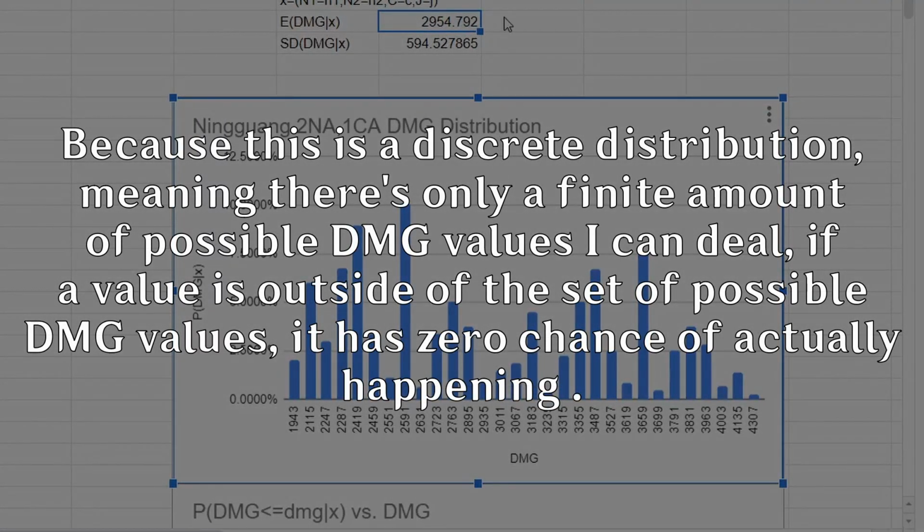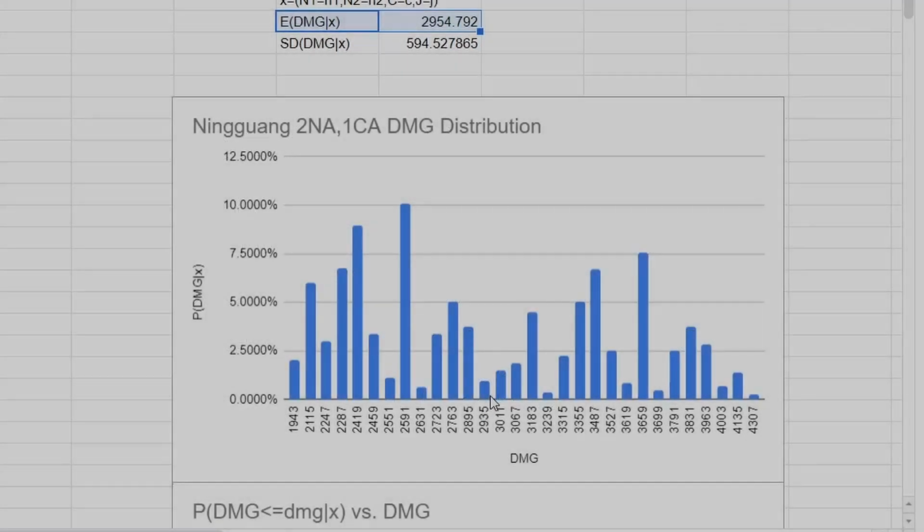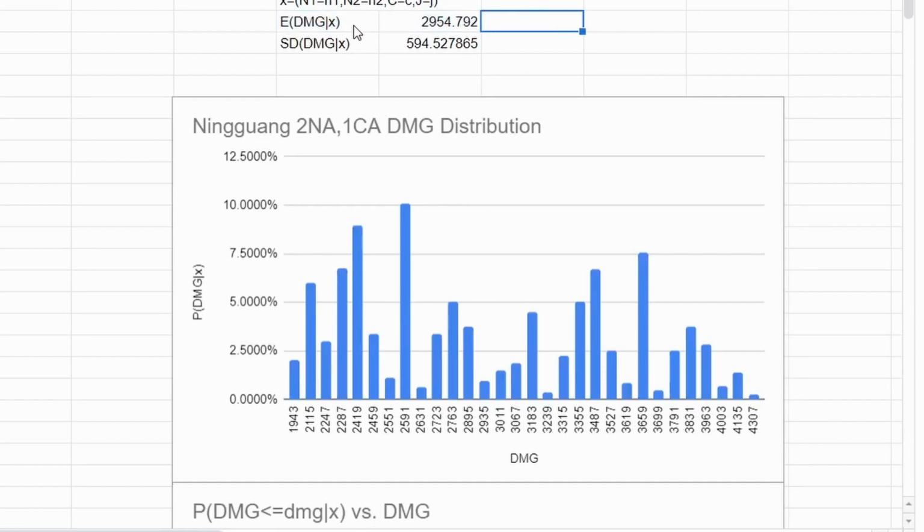The chance of supposedly getting this damage is 0. But if you want to pretend that you can get it, it should be about 1%. That's how unlikely it is that we would even get this damage.